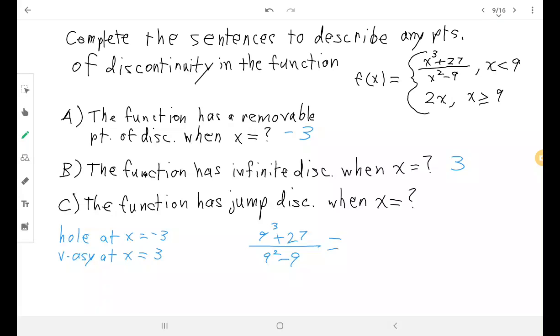I don't know what 9 cubed is, but it's some really big number. And 9 squared, so this is big. 9 squared is 81, minus 9 would be 72. So it's a really big number over 72, right?